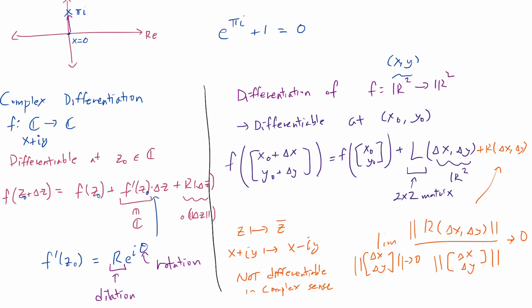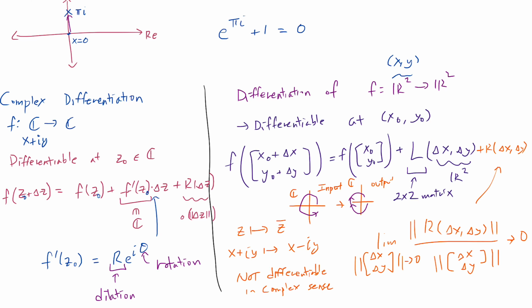Exactly because when you're mapping from x plus iy to x minus iy, if this is the input space and you have the output space, which is also C, then rotating this way gets reversed to rotating this way. If you're complex differentiable, then you have to be locally multiplying by a complex number, which needs to preserve this rotation direction.